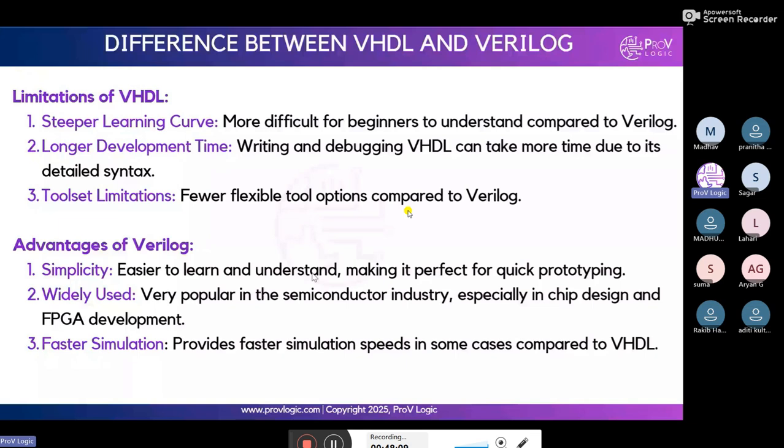And mostly development comes for Verilog HDL only, because it's a popular language, right? Coming to VHDL, development side also VHDL has some drawbacks. That's why Verilog is mostly preferred. Coming to the advantages of Verilog, it's simple and widely used, faster simulation, easy to learn.